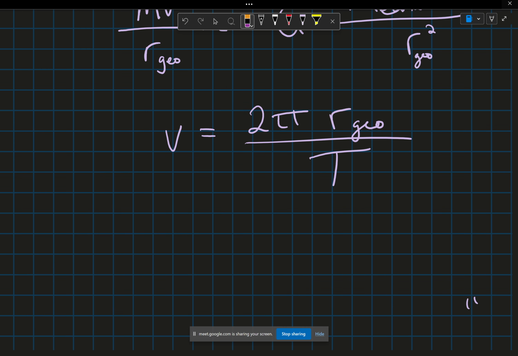Alrighty. So substituting into the equation and solving for the radius, or the altitude that we're looking at here, this is the distance from the Earth of the geostationary satellite.